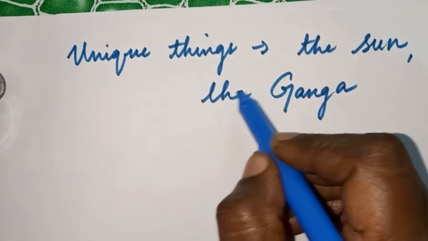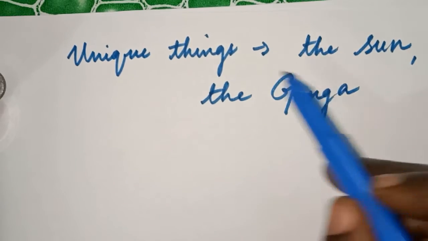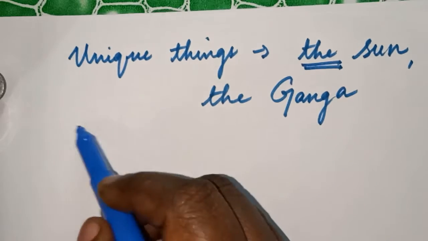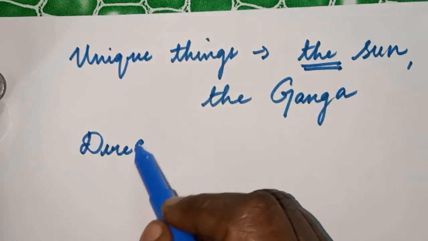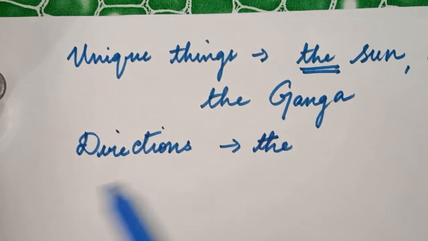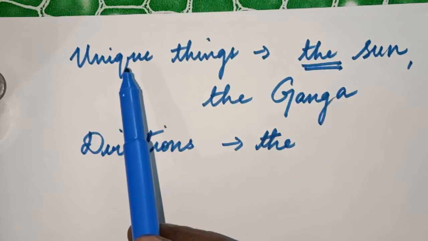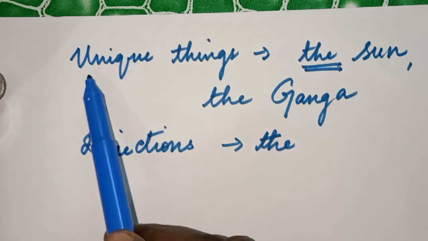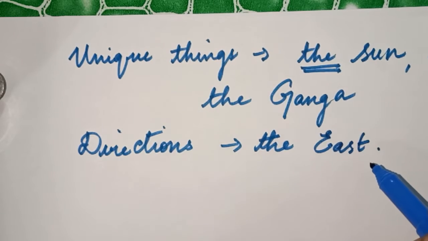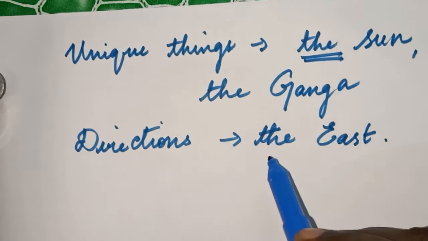So the unique things will take the article the. And all the directions will take the article the. So we use the definite article the for specific things, unique things and directions. The east, the west, the north. The sun rises in the east.